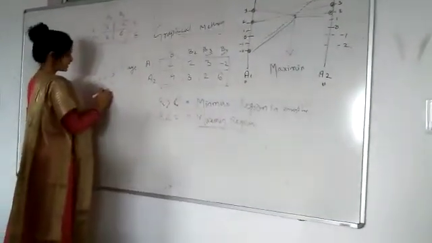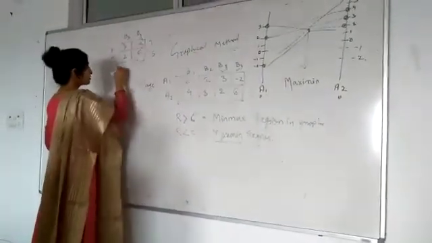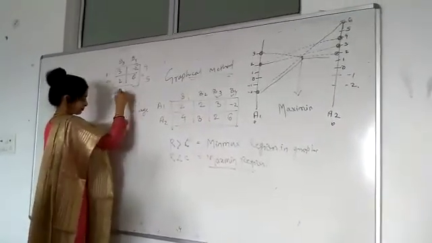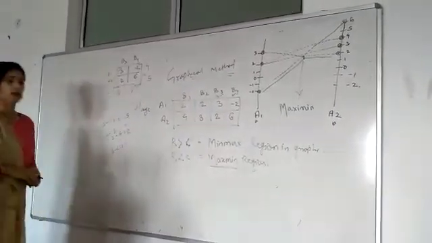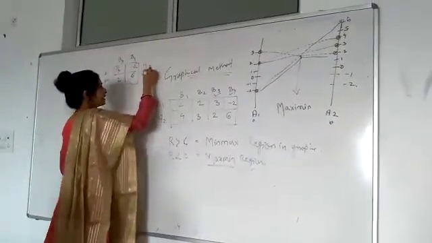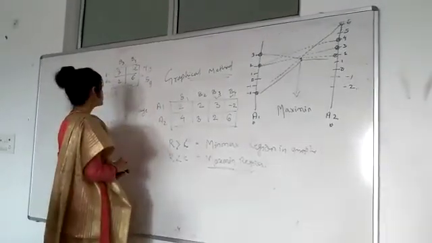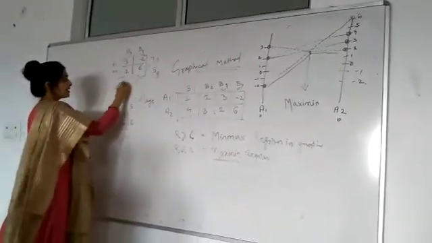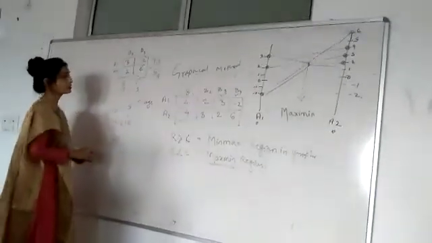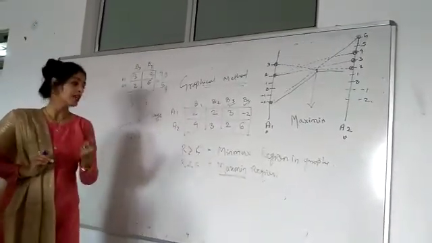Then -2 minus 6 is -8, and the sign is minus, and 3 minus 2 is 1. 4 plus 5 equals 9. Then 4 by 9 is the strategy of player A1, 5 by 9 is the strategy of player A2, 8 by 9 is the strategy of player B3, and 1 by 9 is the strategy of player B4.